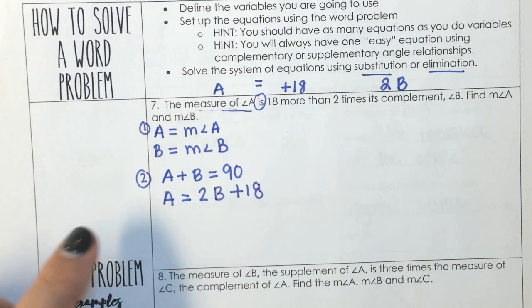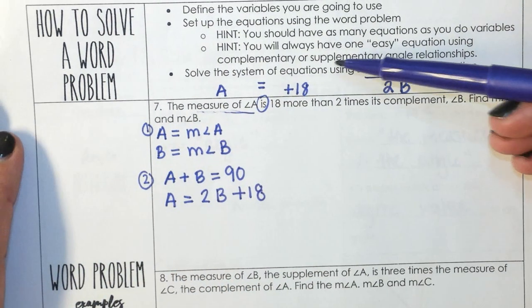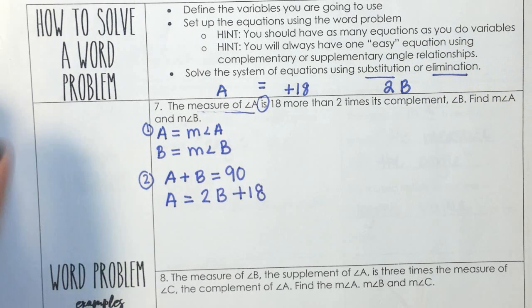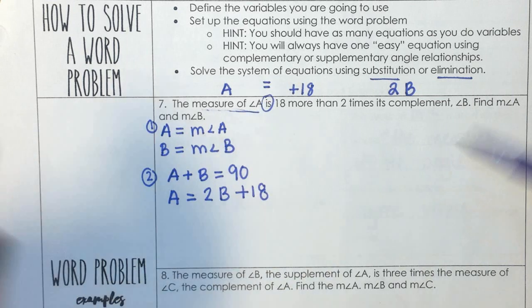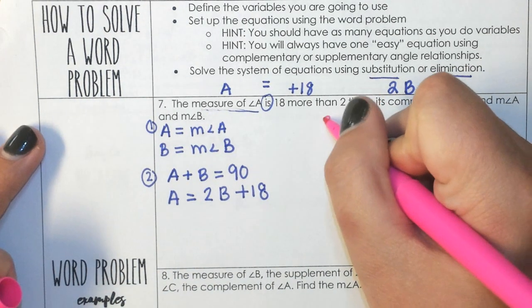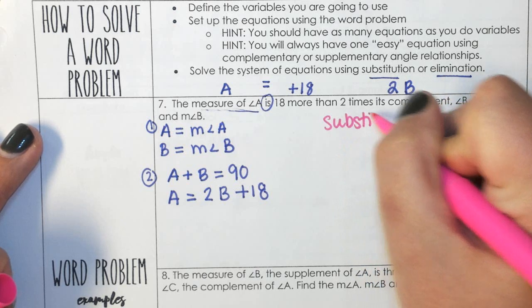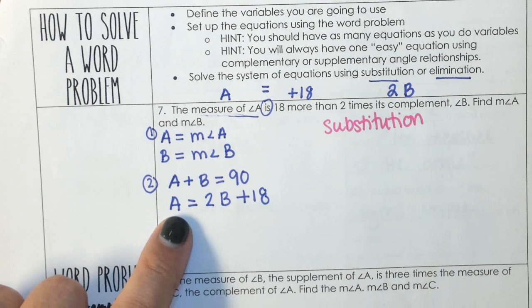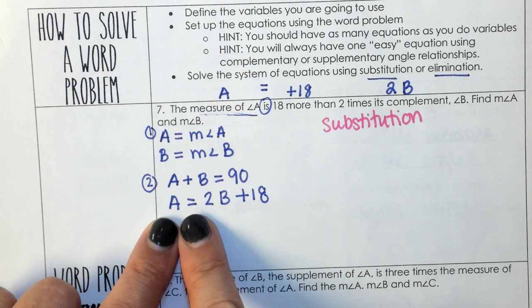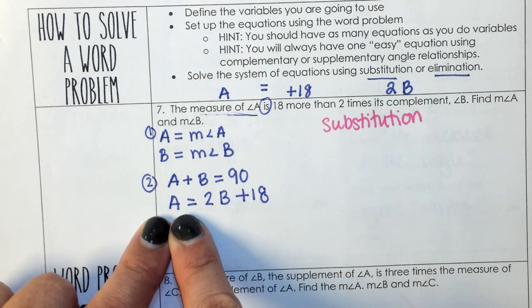Okay. Now, step number 3, we're going to solve the system using either substitution or elimination. So for this problem in number 7, it's actually set up really, really nicely for us to use substitution. Okay? And that's because this second equation here is already isolated for 1 variable.